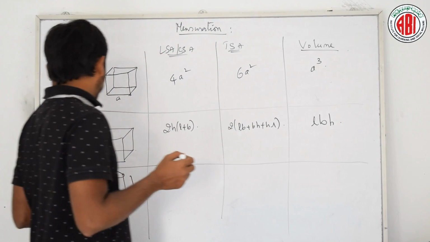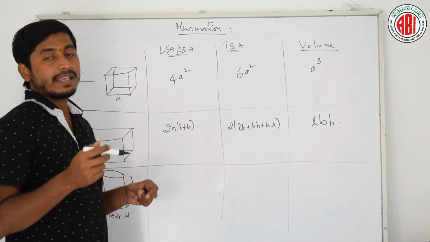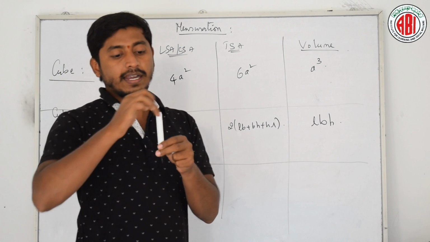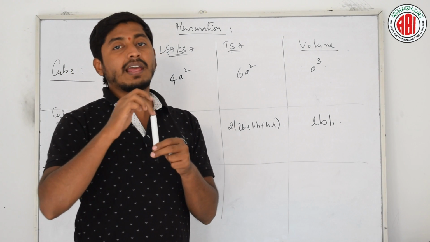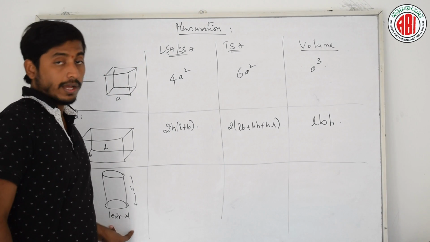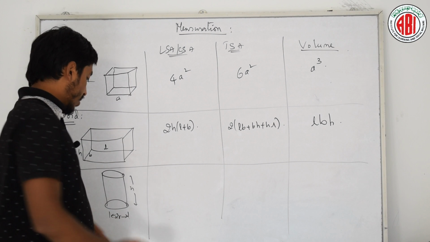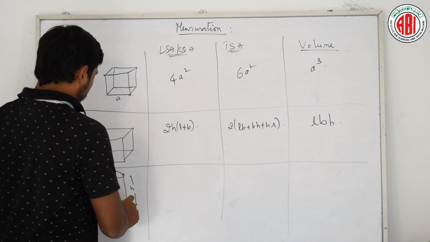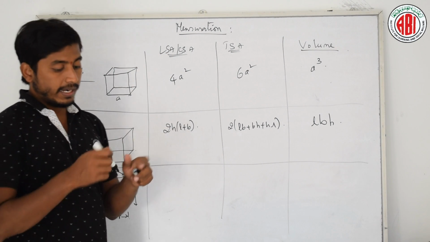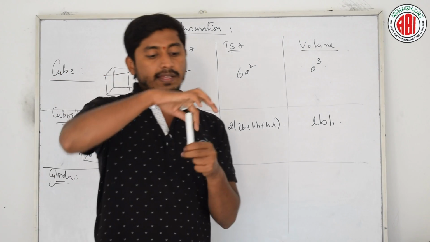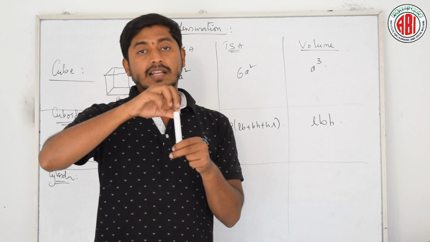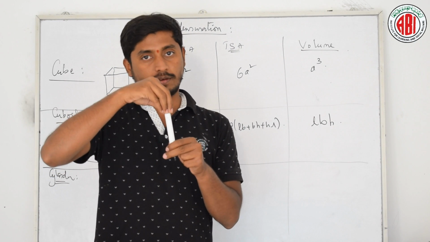And the next shape, that is cylinder. A cylinder is a normal cylinder. See here, this is a cylinder which has height and a circular base. A circle will have only one dimension, that is radius. That's why I have written 2r, which means diameter is 2r, so radius is only r. Now tell me, what is LSA? Does it have LSA? No, it will have CSA. What is the circumference of a circle? That is 2 pi r.